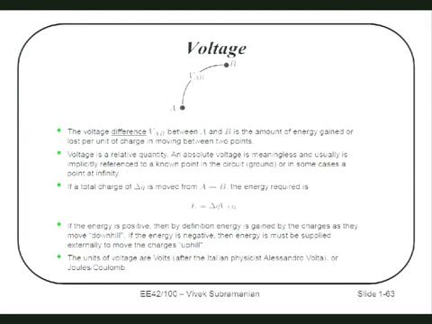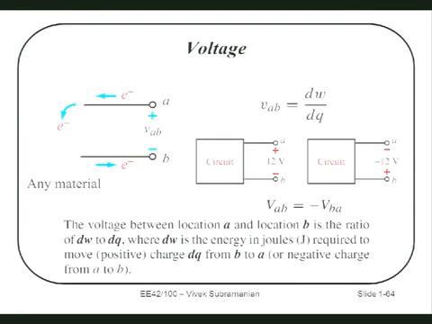Okay, let's keep this in mind then. We've talked about volts, we've talked about current, we've talked about energy. Let's then start looking at some specific relationships. I said that the relationship between voltage and charge is energy.